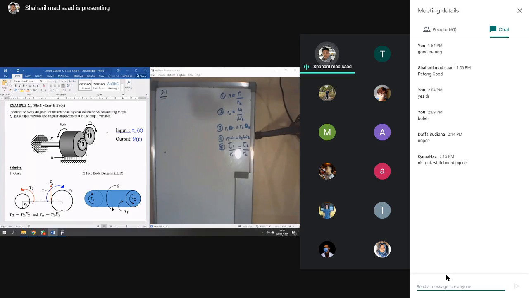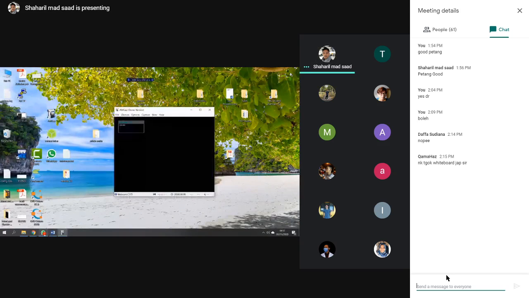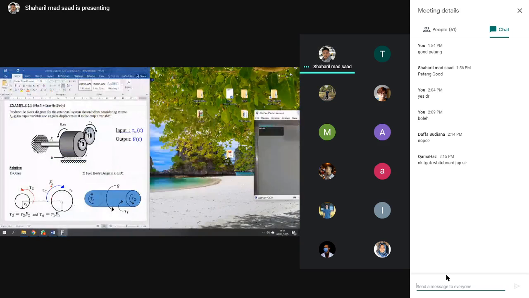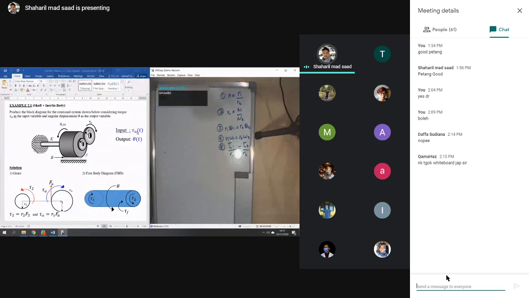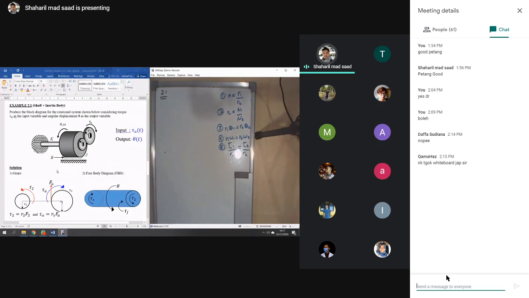Okay, so first thing that we need to know is the input TA, I call it TA, torque A. And the output will be angular displacement theta. Okay, so first of all, you need to draw the free body diagram of the gear itself. Okay, so let's look at it, right?